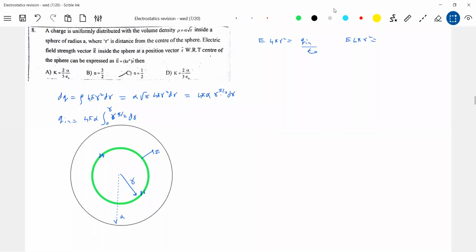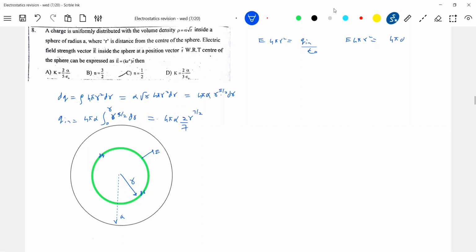Okay, solving this, we'll get Q in 4 pi alpha r to the power of 7 by 2, 2 by 7. This is the expression for Q in. That value I'll substitute here.